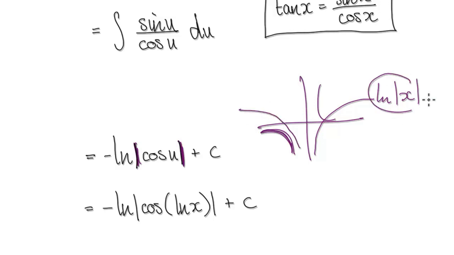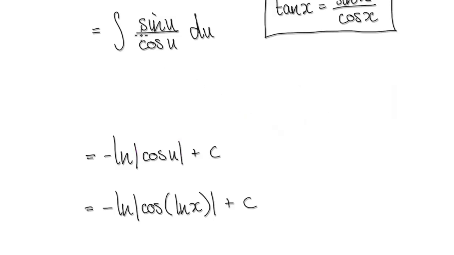Anyway, to integrate this, it would be minus natural log of the absolute value of cos u plus c. And then earlier we said u was natural log of x. So your final answer is this thing here. Okay.